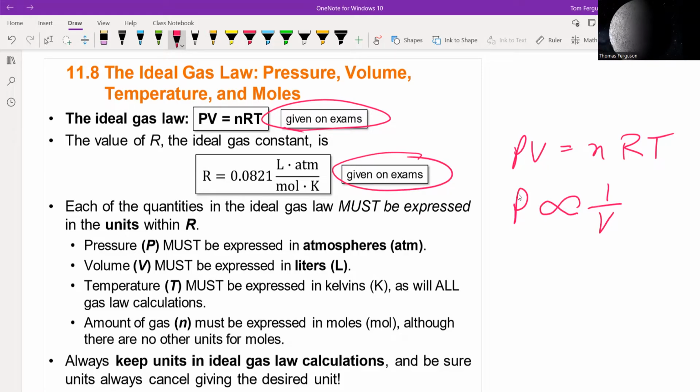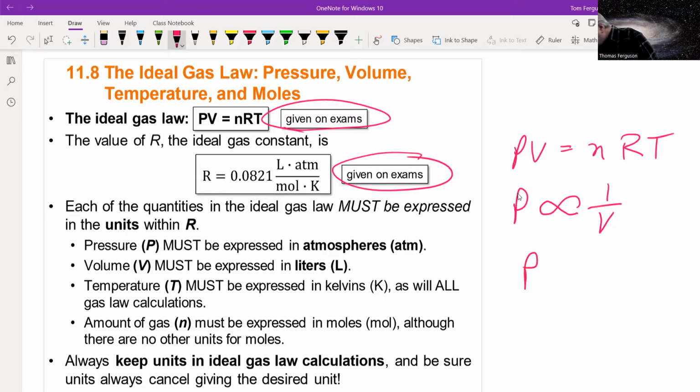Okay? Direct variation, indirect variation. It's also called directly related, indirectly related. So when pressure goes up, volume goes down. When volume goes up, pressure goes the opposite way.